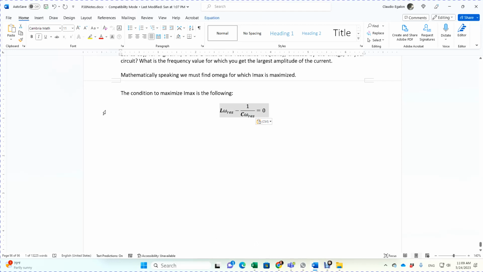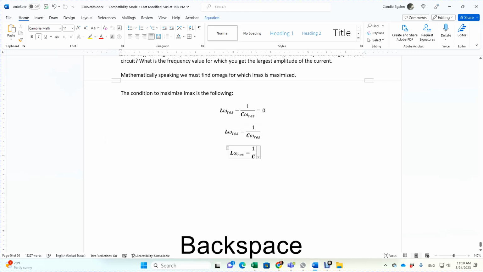Now you can make it an equality and just solve for omega resonance. Omega resonance passes to the other side, we are going to square omega, and the L is going to pass to the other side as well. LC. We're not done yet.